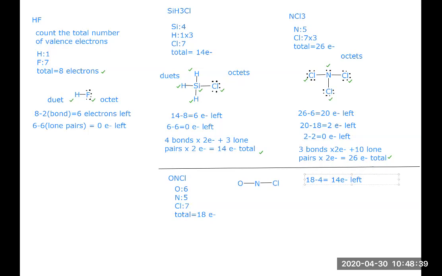And so you will want to give it 3 lone pairs, because those 2 electrons plus 6, it's going to be 8 around the oxygen. So let's distribute those lone pairs on oxygen. And that's 1. Okay. 2, 3, 4.